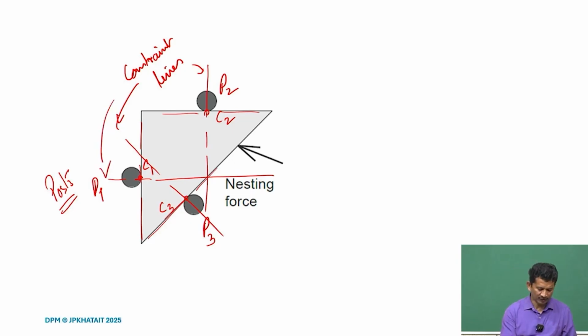Again what we see here is, if we take a pair, we can define ICs, instantaneous centers. So, I see in this case C1 and C2, so I see 1, 2, and similarly here 1 and 3, and this is 2, 3.